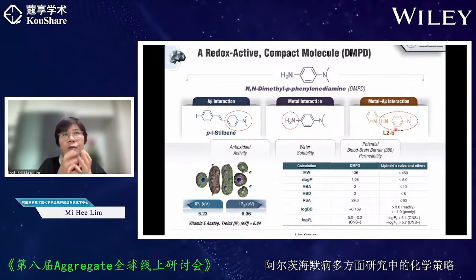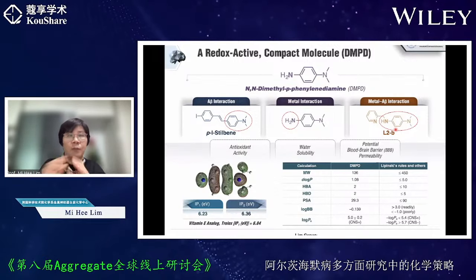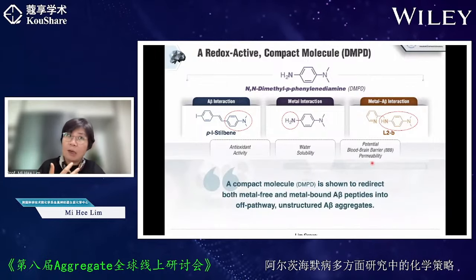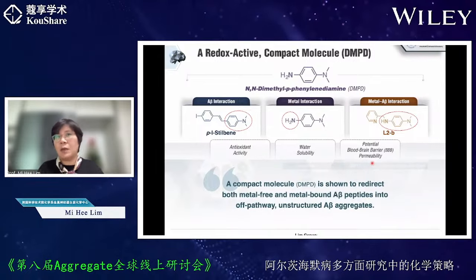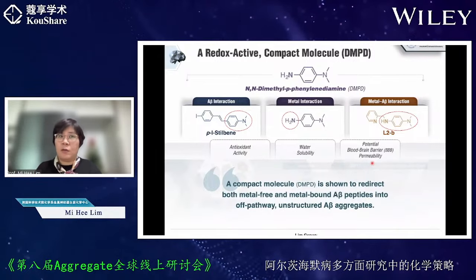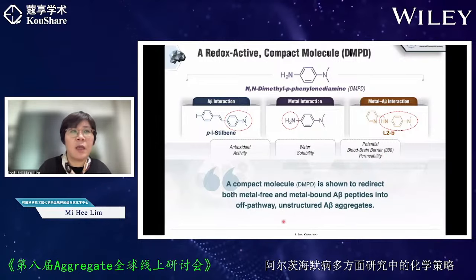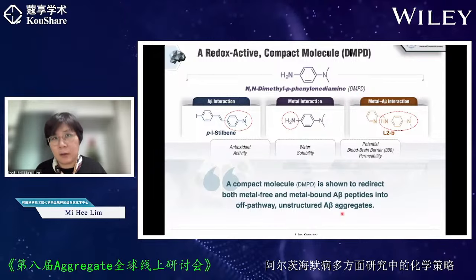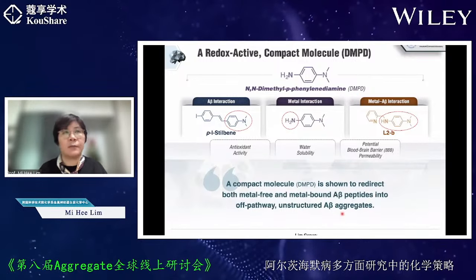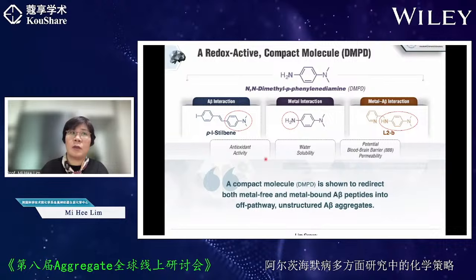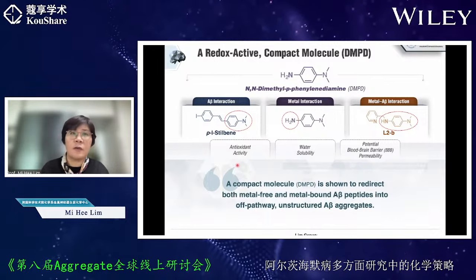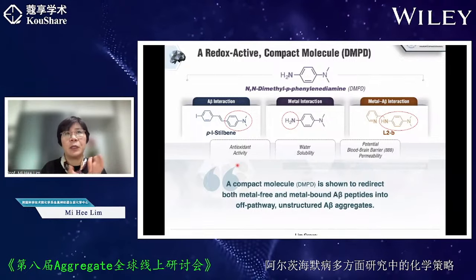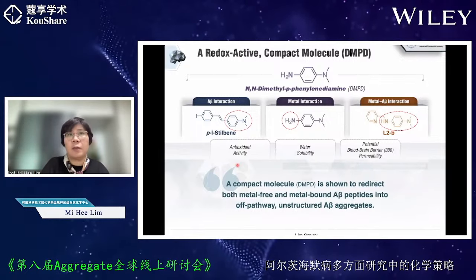It's a very, very small, simple molecule, but using it we were able to redirect both metal-free and metal-bound A beta peptide into an off-pathway, unstructured A beta aggregate. These unstructured A beta aggregates are reported to be less toxic or non-toxic. And obviously the antioxidant property is carried on, so ROS can be controlled. So multiple pathological factors can be controlled by DMPD.